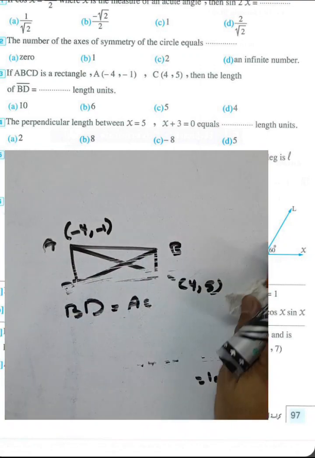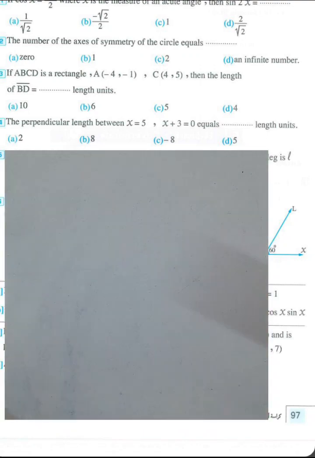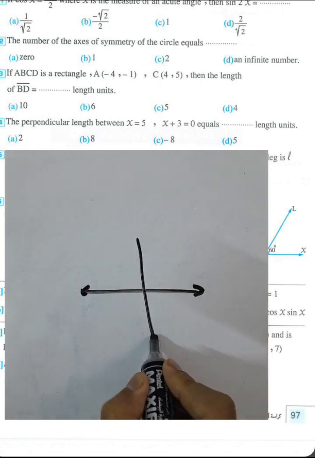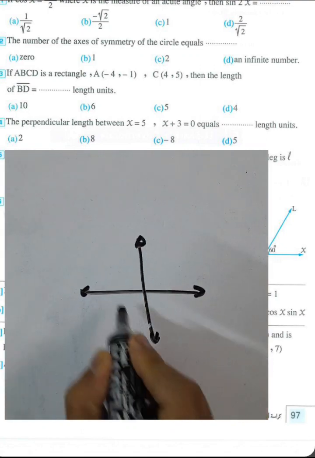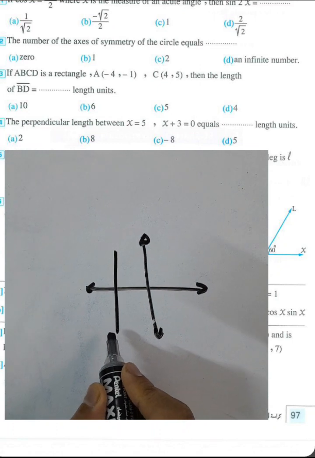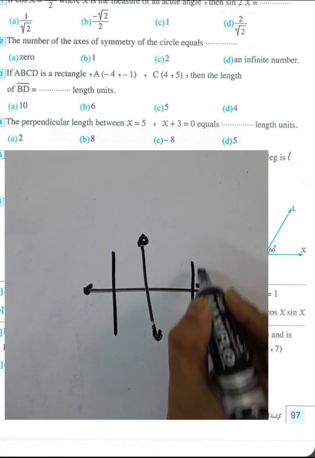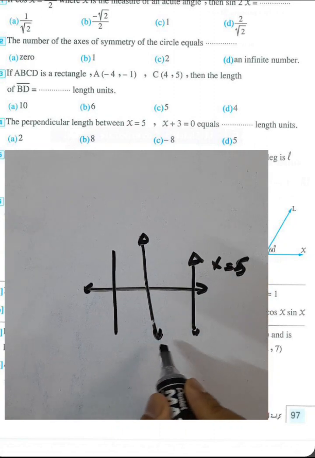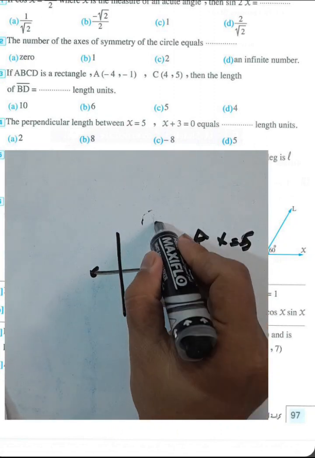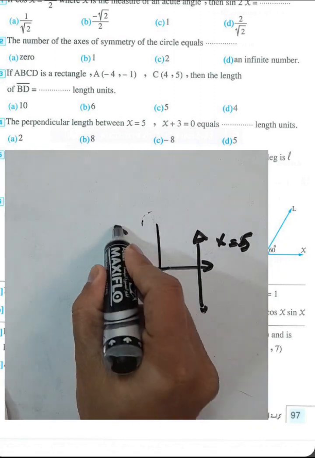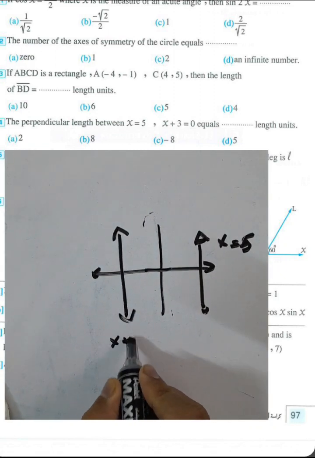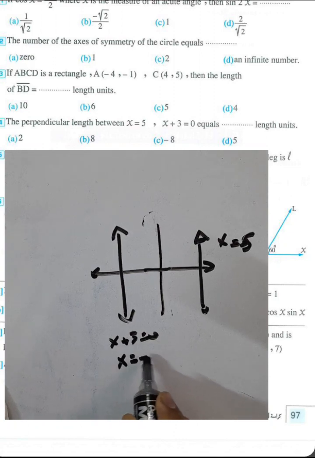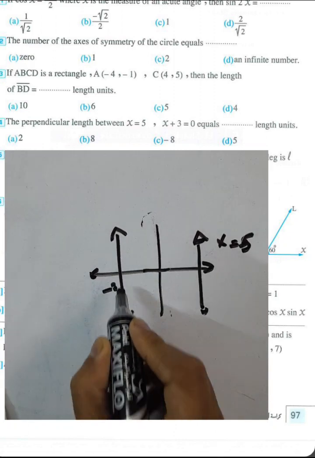Question number 4, the perpendicular length between x equals 5 and x plus 3 equals 0. Okay, we want to find the perpendicular length between two straight lines. The first straight line is x equals 5. The next straight line is x plus 3 equals 0, which means x equals -3.